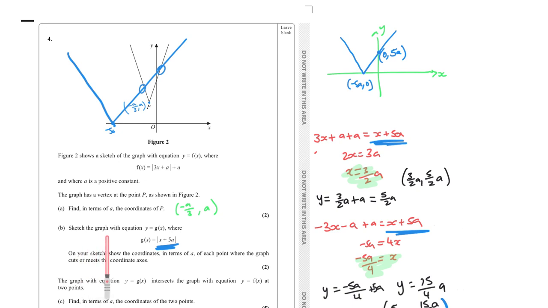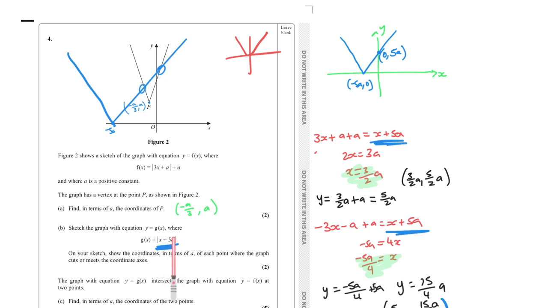Then, part b. Sketch the graph of the equation y equals g of x, where x plus 5a is in the modulus. So, x plus 5a. What do we know? That means that our graph, that normally looks like this, has been moved. Is it inside or outside the bracket?